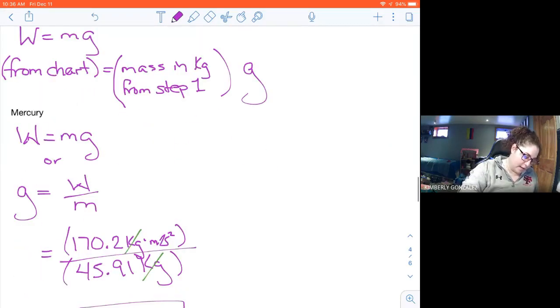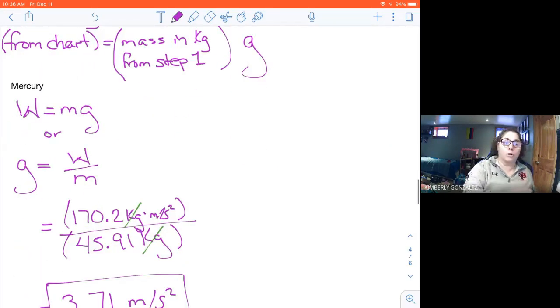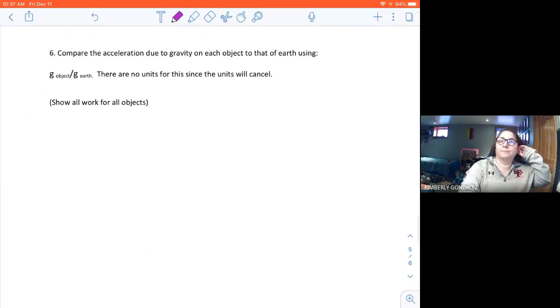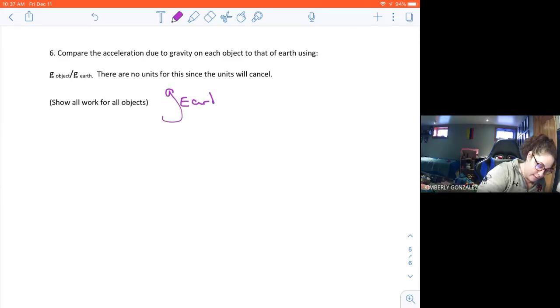Okay, now I'm going to do Mercury's for this one. This one you are doing a ratio. The gravity for Earth, like we said, is 9.81 meters per second squared.